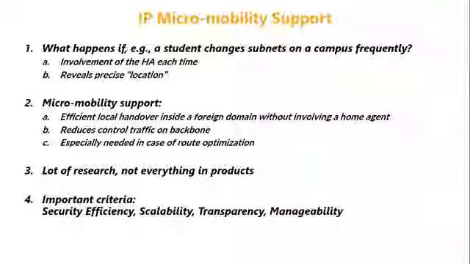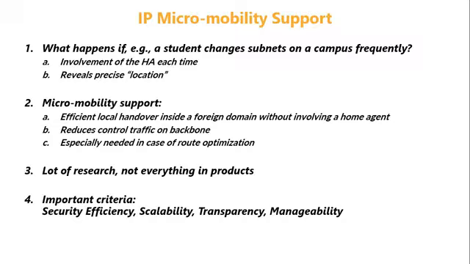Basically, micro mobility is when the mobile station is moving within a limited geographical area inside a particular main network, and that need not be updated to the HA. In that local network, there will be some router. Whenever any user wants to communicate with the mobile node within this foreign network, they just send the data to the main router responsible for this network.